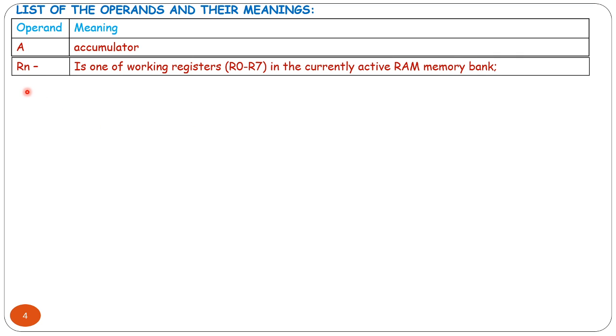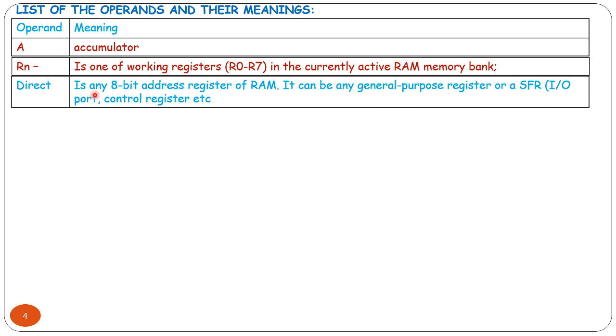If operation code comes with Rn as an operand, it is one of the working registers, where n indicates R0 to R7 in the currently active random access memory bank. So whatever bank we are selecting using PSW, that bank register R0 to R7 is the one operand.